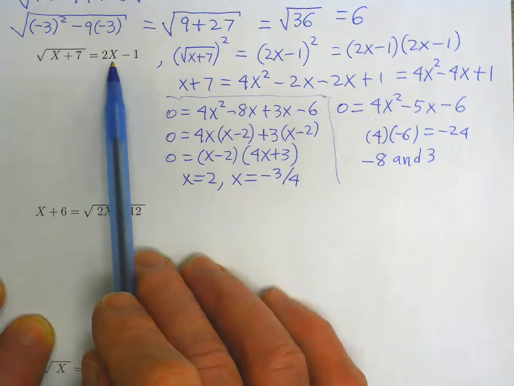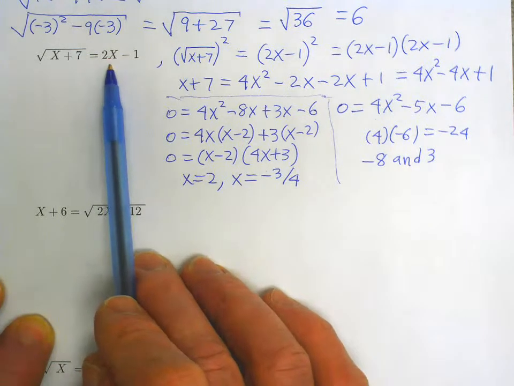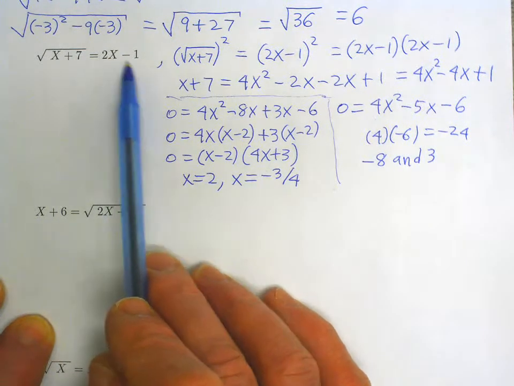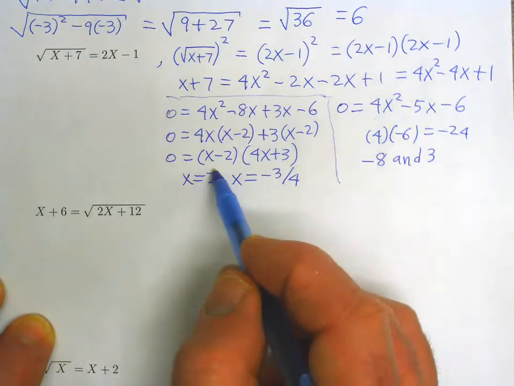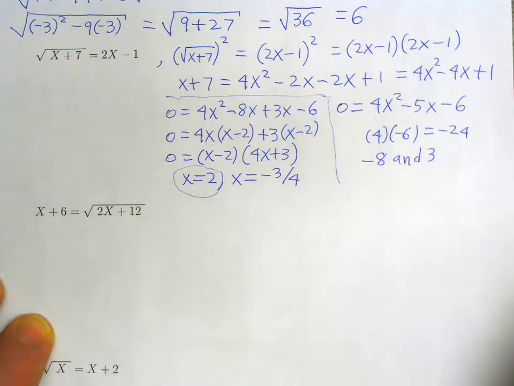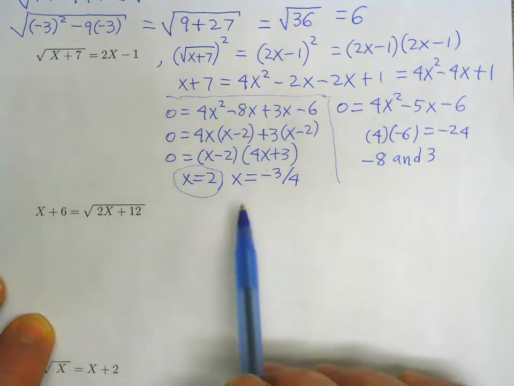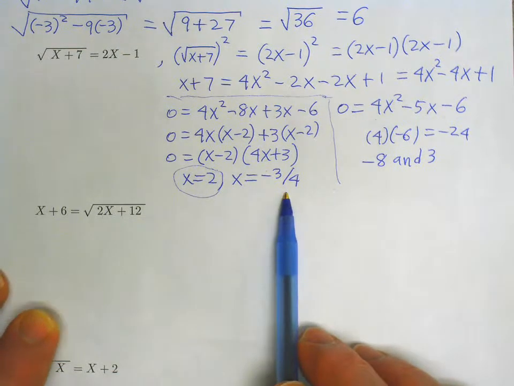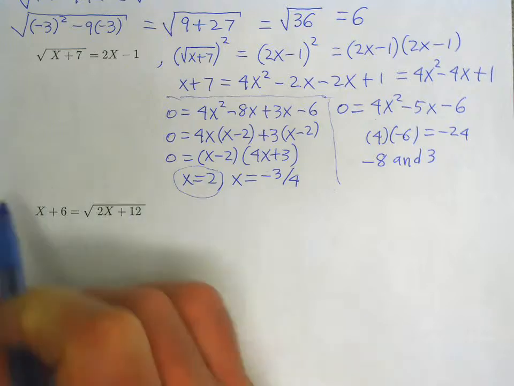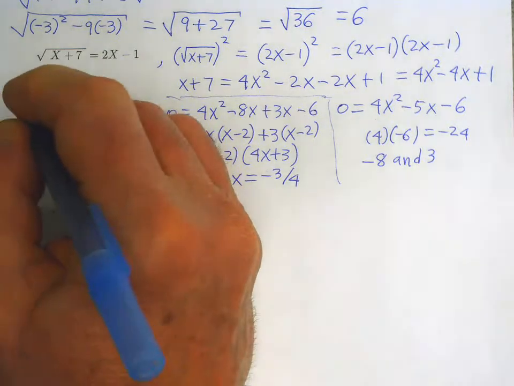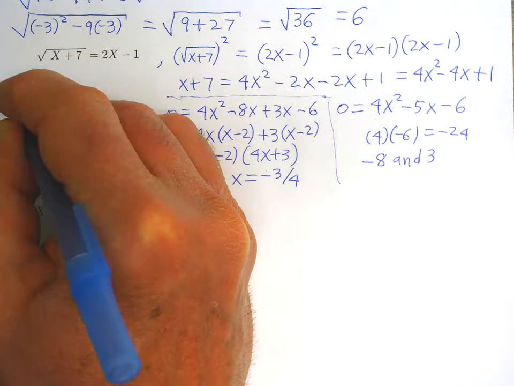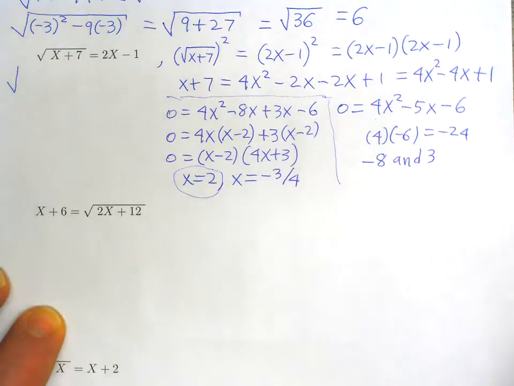So the left-hand side is positive 3 when you replace x with 2. And on the right-hand side, replace x with 2. 2 times 2 is 4. 4 minus 1 is also 3. So x equals 2 is a solution. Okay, the other number, x equals negative 3/4. Well, this one takes a little more work, well, sort of, in a way.